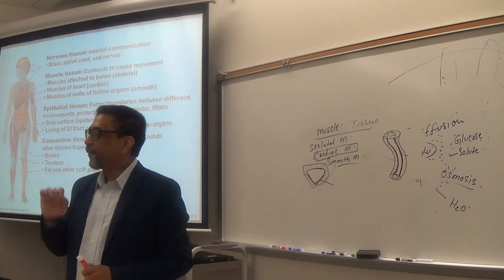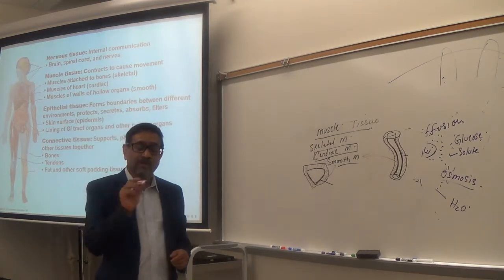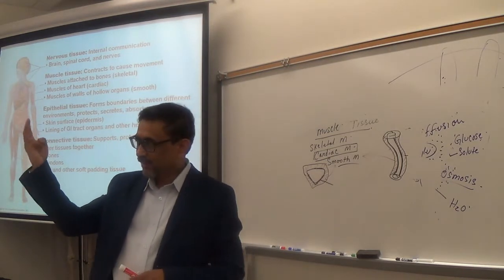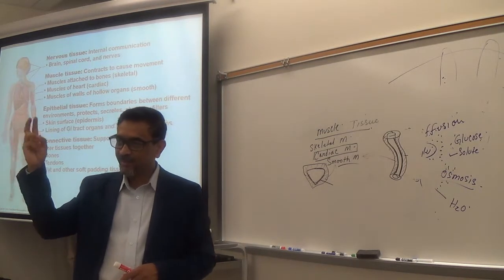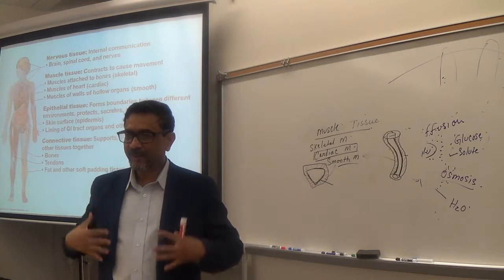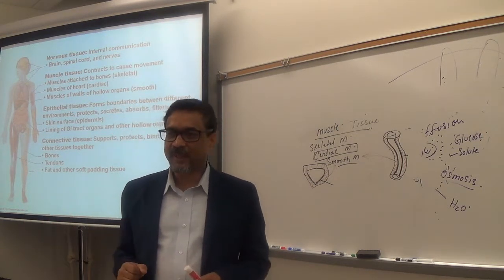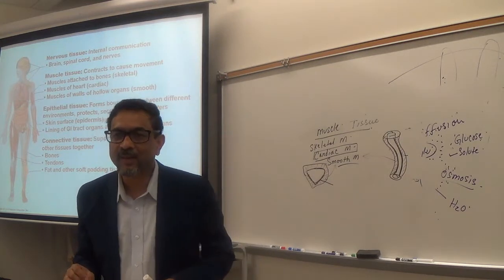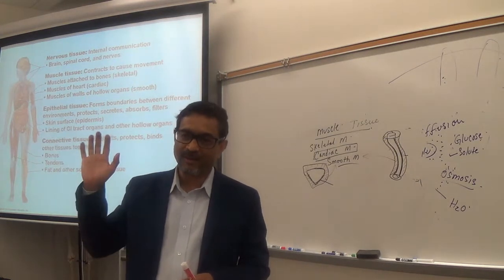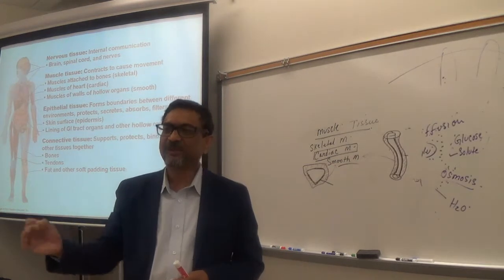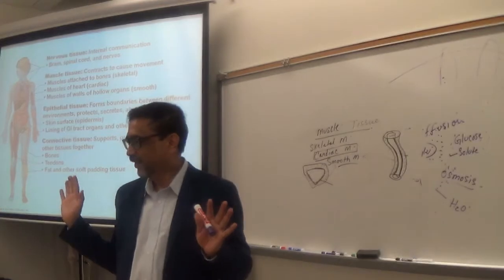Okay. Then muscular tissue or muscle tissue. How many different types of muscle tissues you have? Three. Skeletal muscles are attached to the bones or skeleton. Make sense? Cardiac muscle tissue is present in the wall of the heart. And smooth muscle in the wall of tube-like and hollow organs. Make sense?